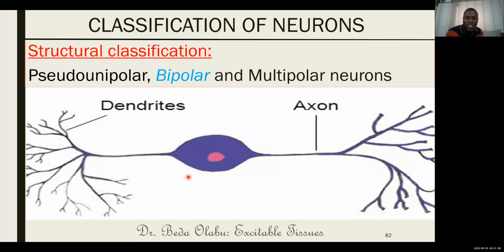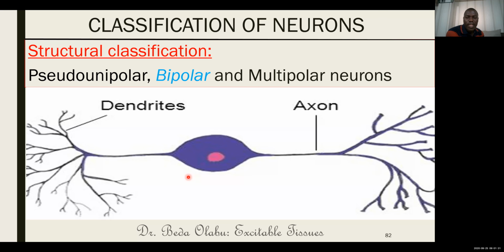Vision is a special sensation. The cells within the olfactory epithelium are also bipolar. Olfactory epithelium is the receptor for smell. Smell is also a special sensation.